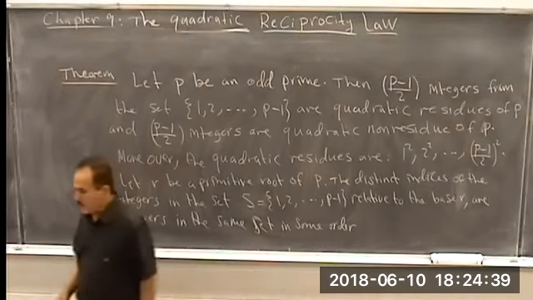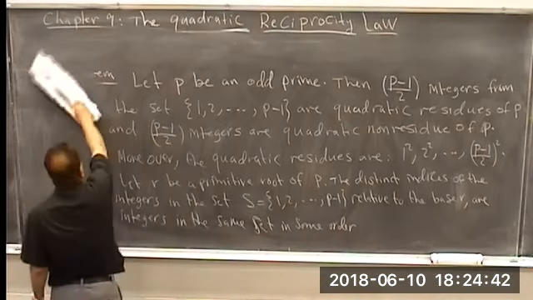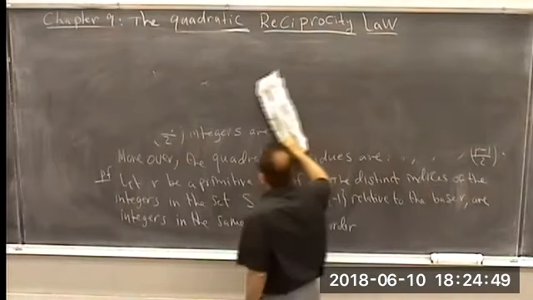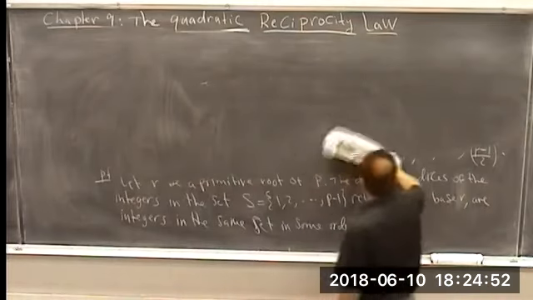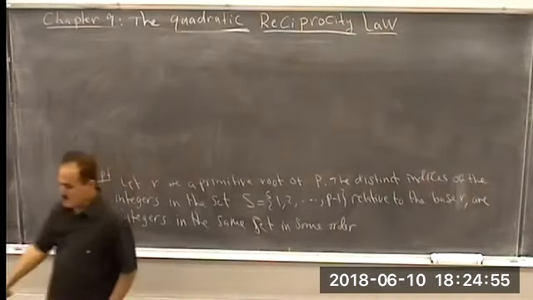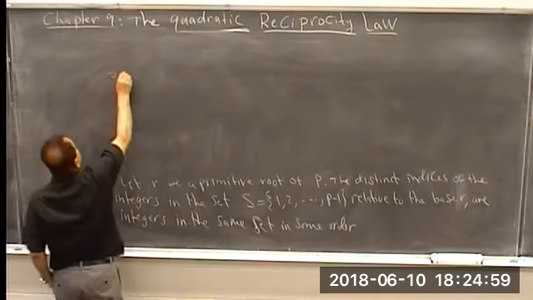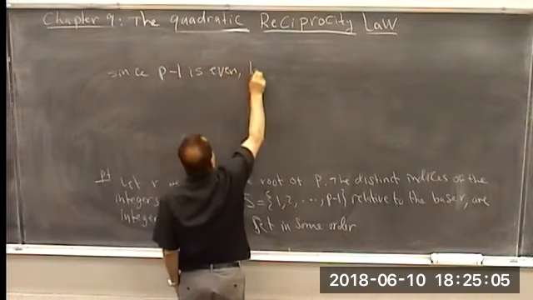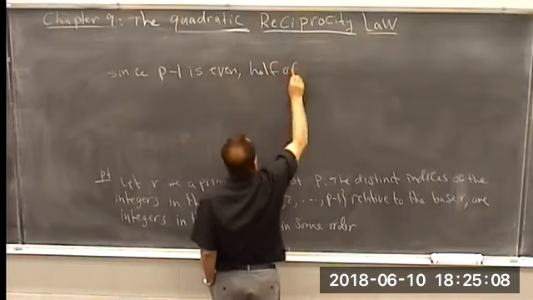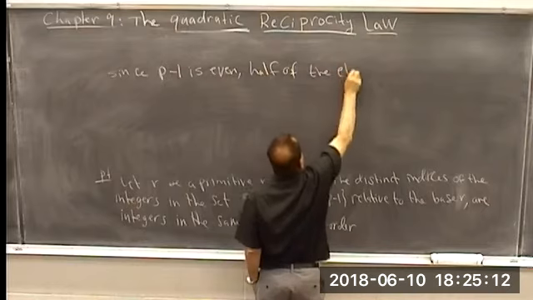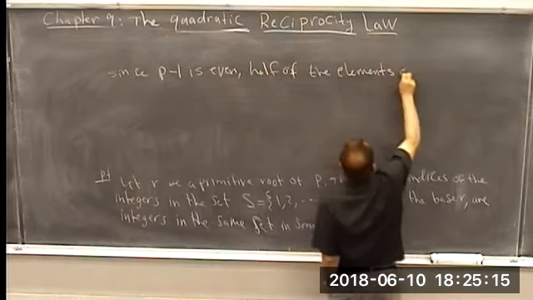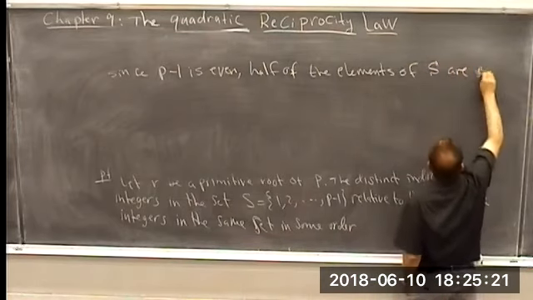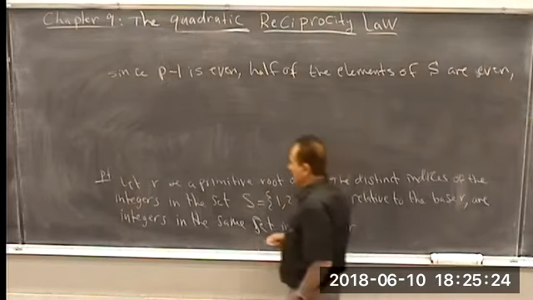Now, also we have, since there are p minus 1 of those, and since p minus 1 is even, half of the elements of S are even, and the other half is odd.